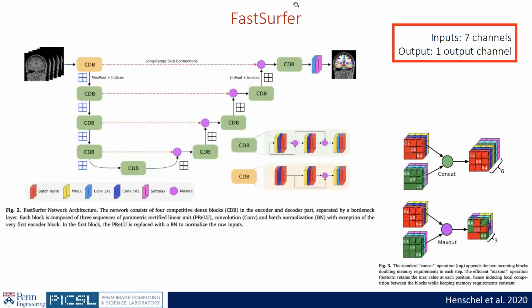So what FastSurfer does is, instead of taking 3D patches, or instead of taking the whole 250 cubed image, it operates on slices. But again, you can say that one slice doesn't give you any context. So they take a bunch of different slices, but at the full resolution. So you're seeing the entire image, but a chunk of the image. That's a reasonable midway between patches and the full image.